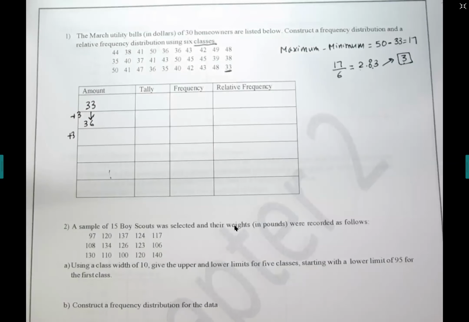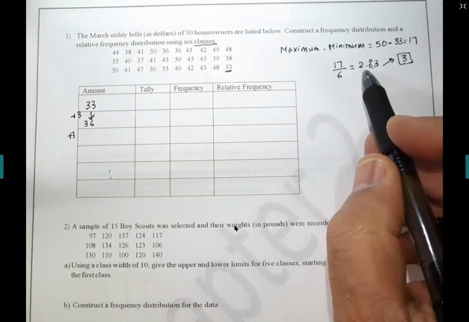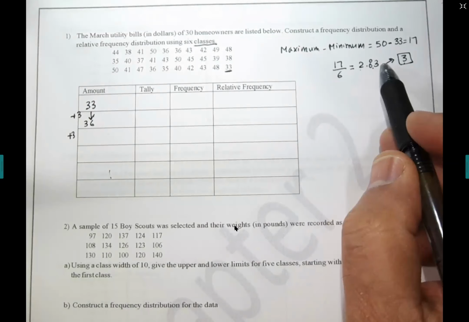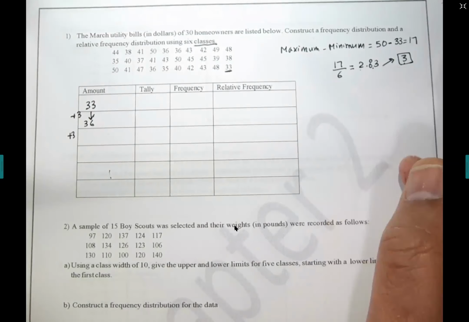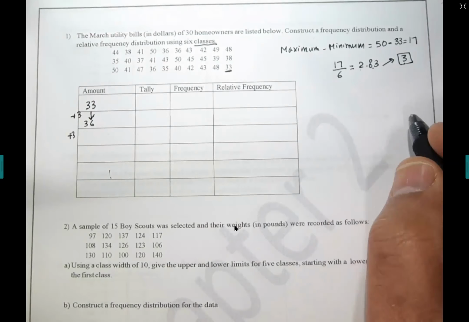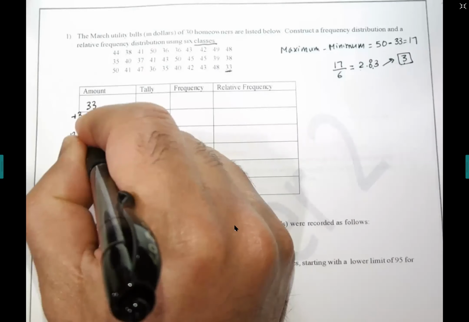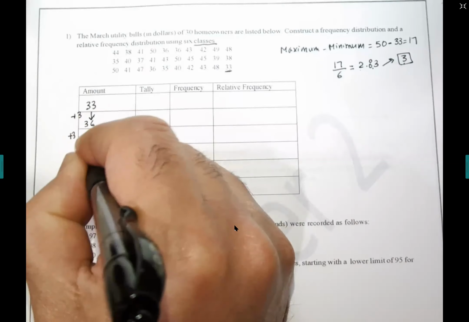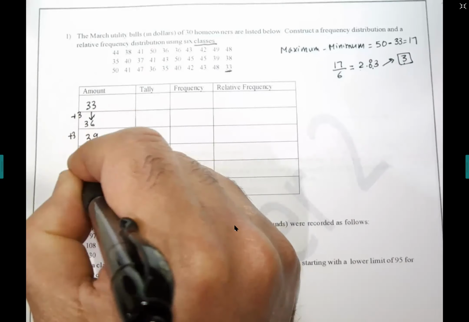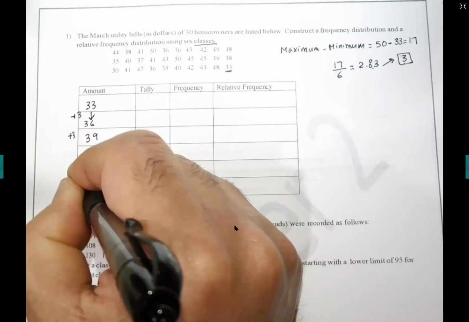You round up 2.83, you round it to the nearest whole number. So 2.83 goes up to 3, always up to the next whole number. Okay, plus 3, guys, will give me 39. Plus 3 will give me 42. Plus 3 will give me 45. And plus 3 will give me 48.